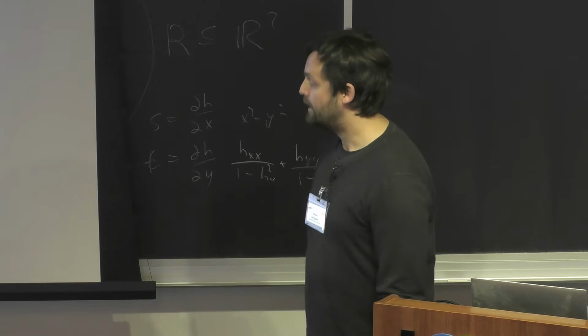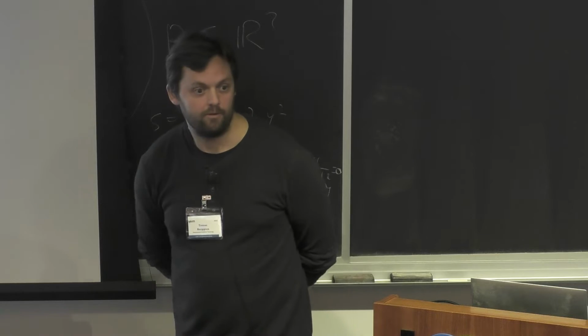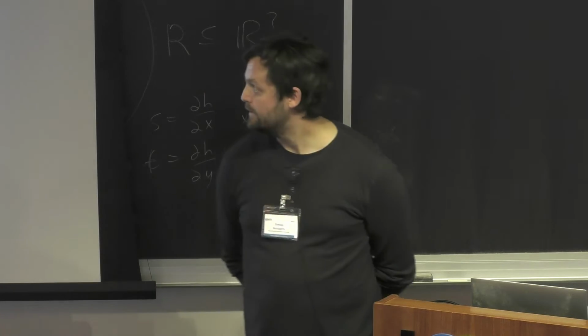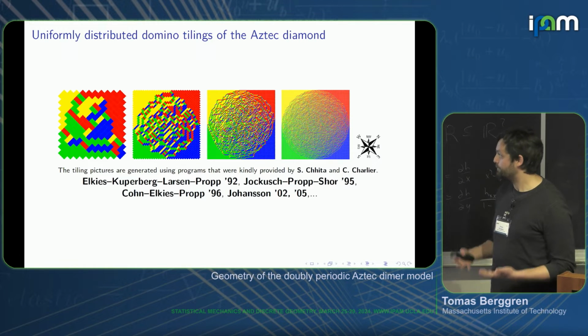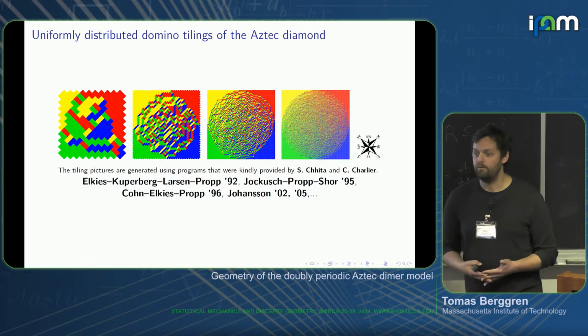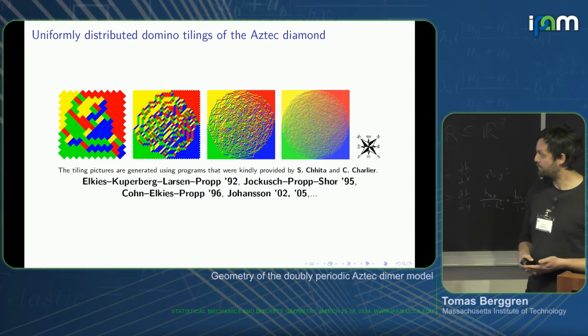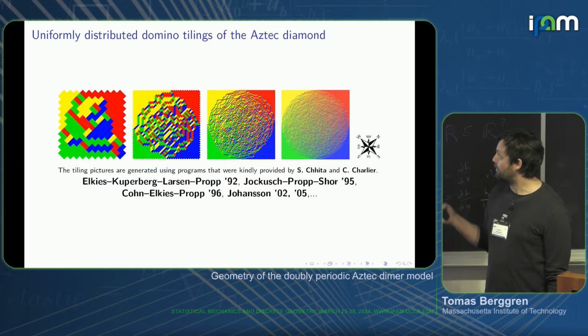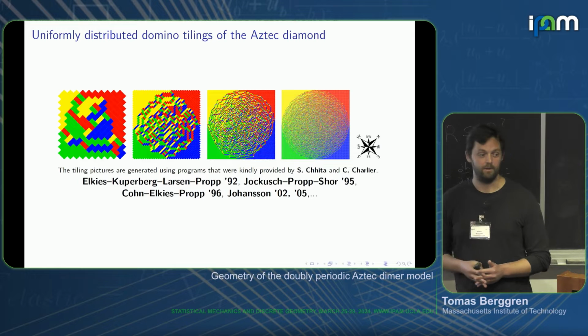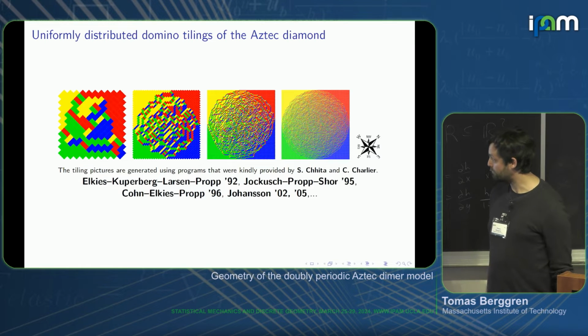Okay, and the Aztec diamond has been considered for a long time. It's a very classical object by now, and one of the reasons is that it's a rather simple model from the dimer perspective, or from the exact solvability perspective, and it still contains a lot of interesting phenomena in the limit.